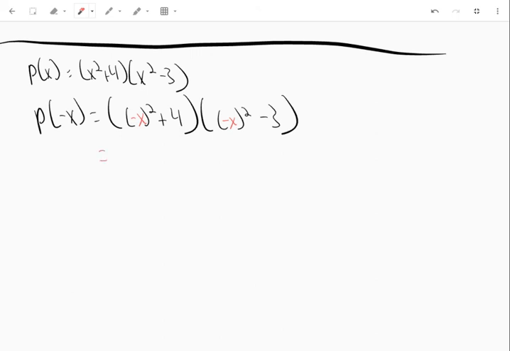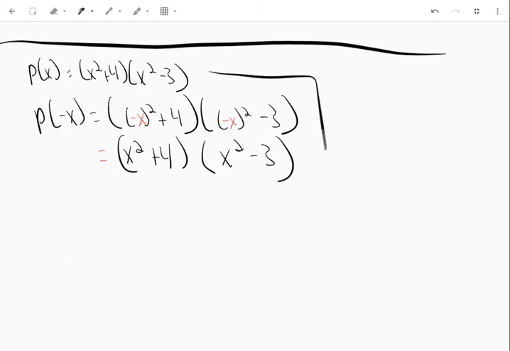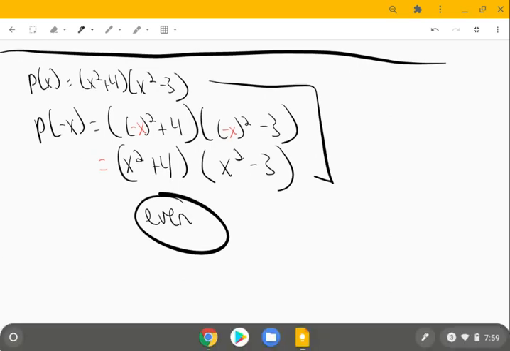So once again, negative x squared, negative x times negative x is going to be positive x squared. So this will be x squared plus 4. And same thing over here. This will be negative x times negative x, which is x squared, minus 3. Okay, so we do get the same thing. So this is even. So the last one is even. And that is it for lesson 6.